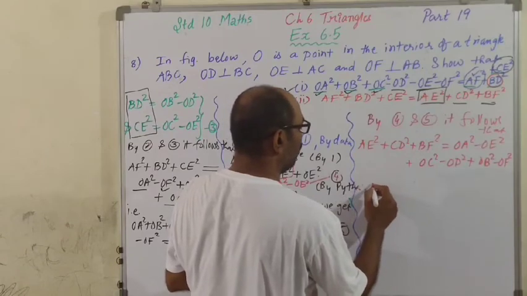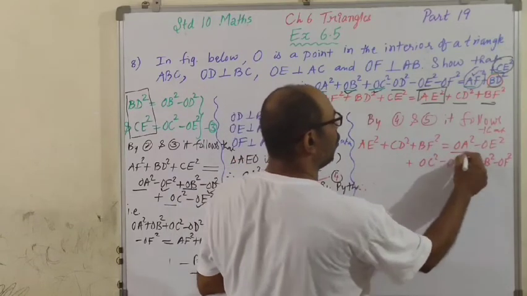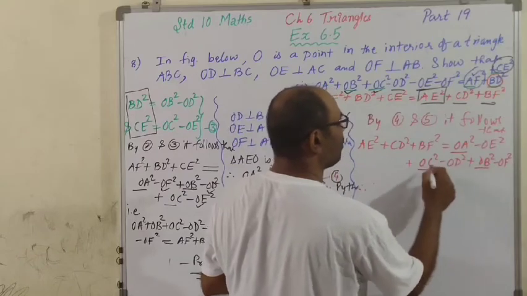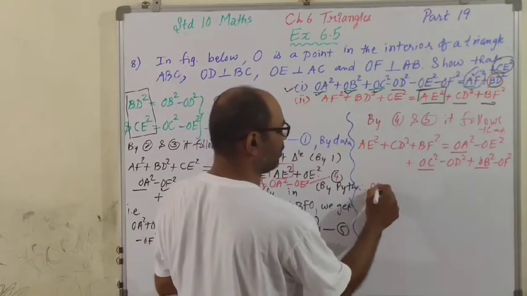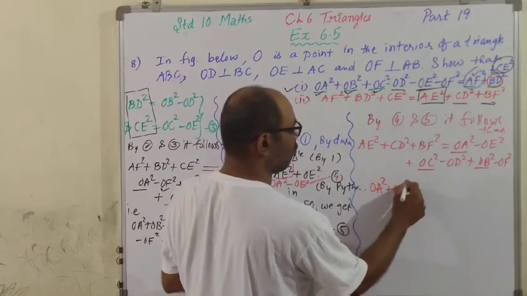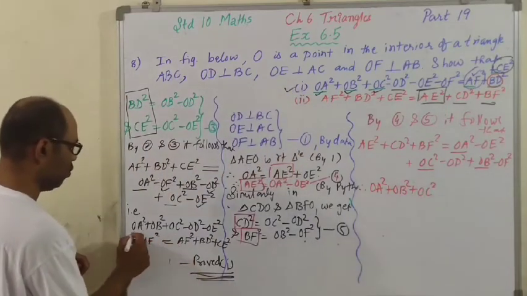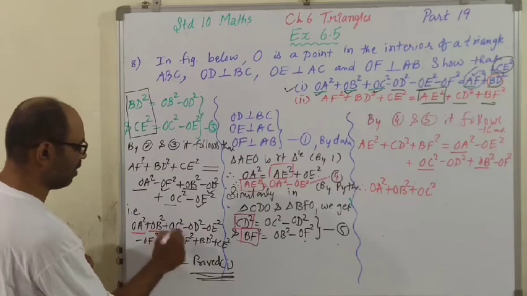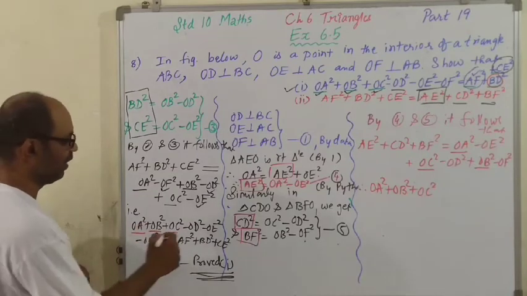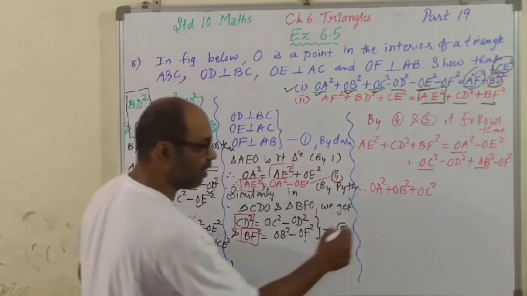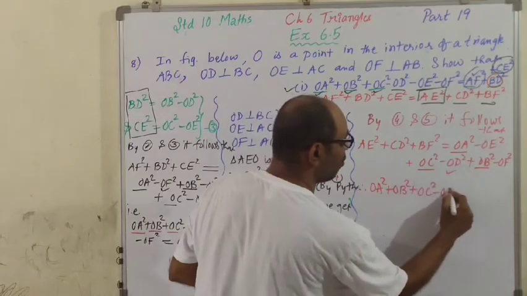Therefore, positive terms first: OA square plus OB square plus OC square. Got it? Then what is needed? Minus OD square, here is minus OD square.